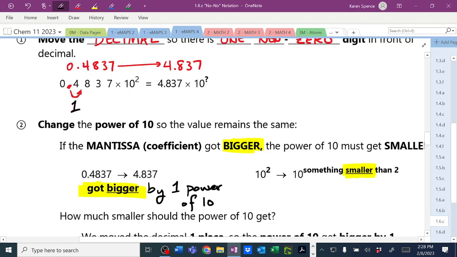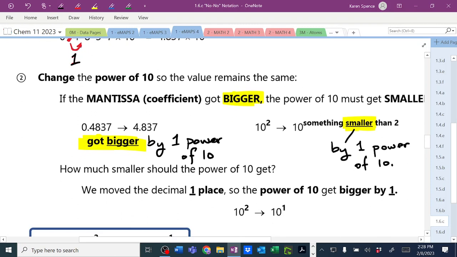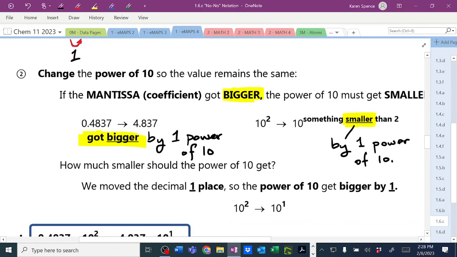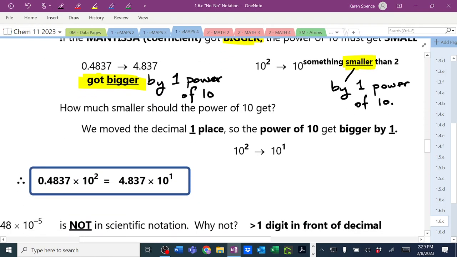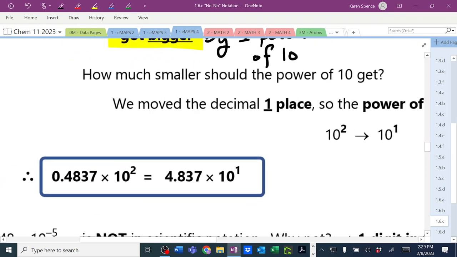So that means that our power of 10 has to get smaller by 1 power of 10. Smaller than 10 to the 2 is 10 to the 1. So we take this number, which is in non-scientific notation, and we have now changed it into scientific notation.